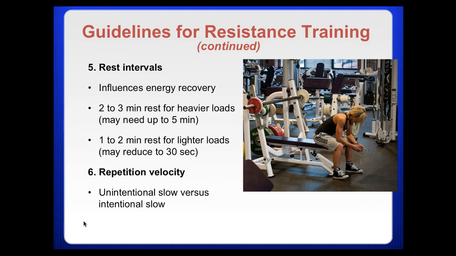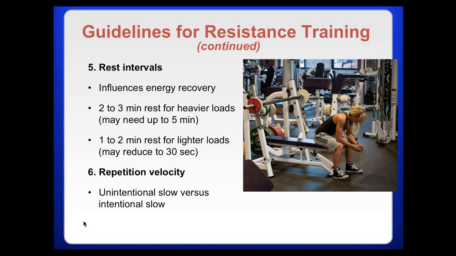There are actually 2 different types of slow velocity training. We have unintentional slow velocities that are typically going to be used when we use heavy resistance, and we keep moving slow even though we attempt to exert maximal force.